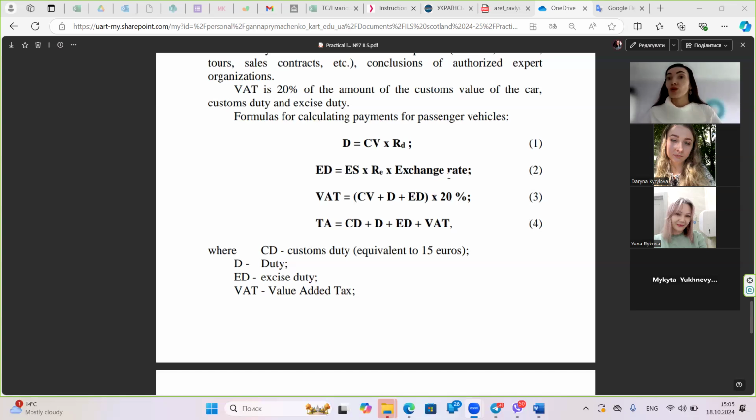The result we also have in green, so you can write VAT. Yes. I calculated it. You need some minutes to do it.